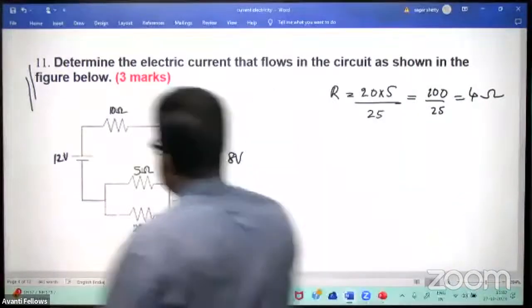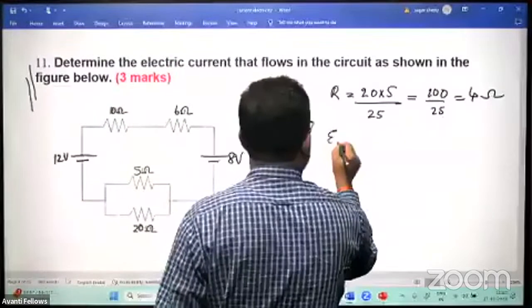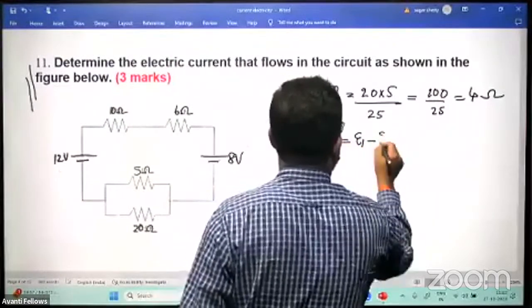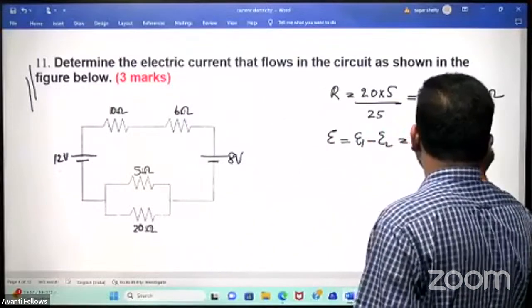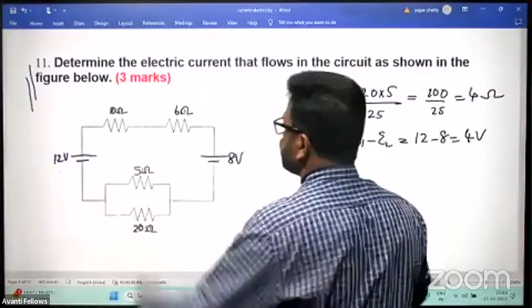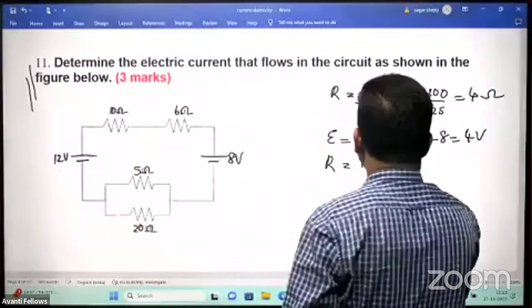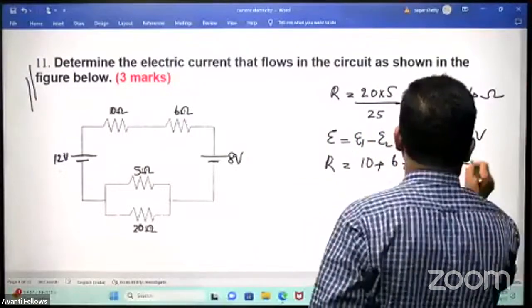See the voltage here, it is positive, negative. Here again it is positive, negative. So the net EMF will be equal to E1 minus E2. That is 12 minus 8. That is 4 volt. Total resistance is equal to 10 plus 6 plus 4. That is equal to 20 ohm.